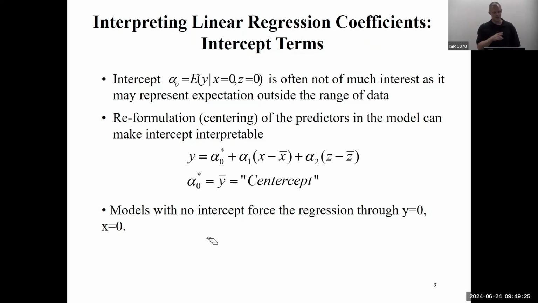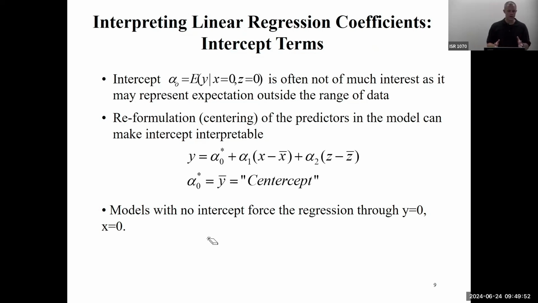A lot of times we can think of that centered intercept as the overall mean of the dependent variable. So on average, for all the people who are set to averages on X and Z, what is the estimated mean of the dependent variable? Centering is a very useful practice to make sure that all the regression parameters have a meaningful interpretation when you're trying to write down estimates and interpretation.